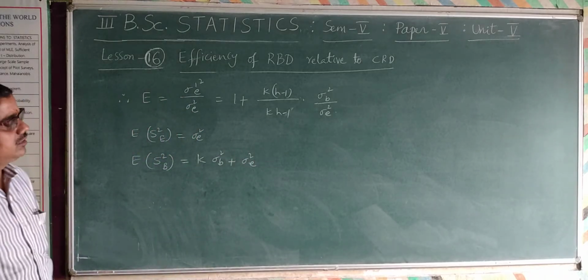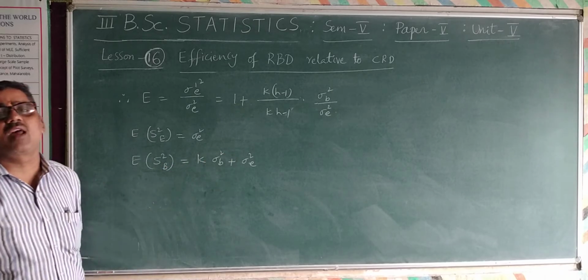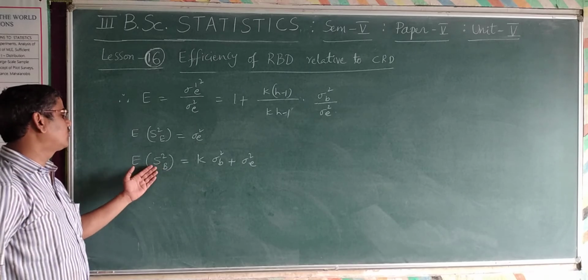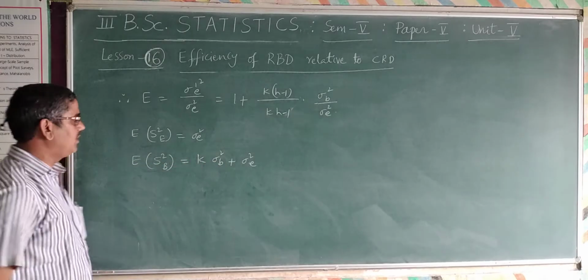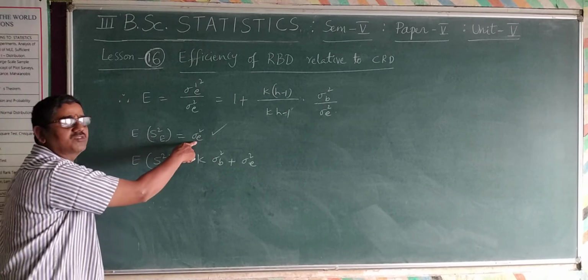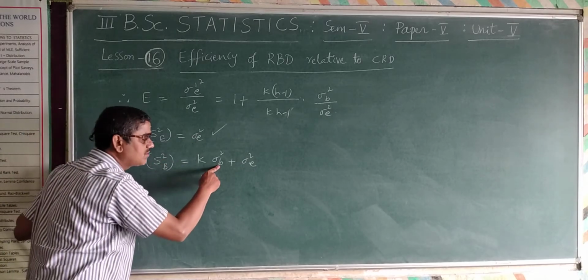This is the same thing we have written in the expectation of mean sum of squares table as well. You can refer. The expectation of s square b will give k sigma square b plus sigma square e. For this, no problem. S square e is an unbiased estimate of sigma square e. Now, s square b is not an unbiased estimate of sigma square b.